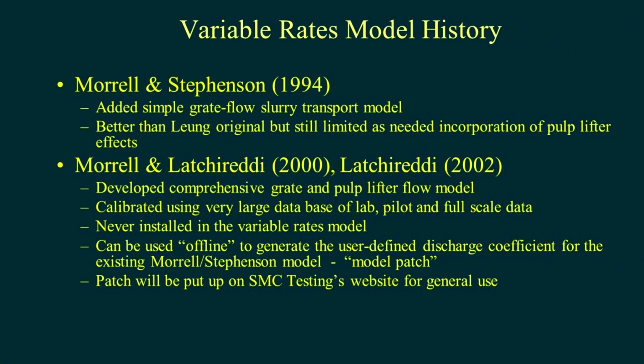Between 1994 and 2000, I worked with Sanjeev Lachareddy. He was my PhD student, and we expanded that model significantly to encompass pulp lifter design, size, and we did a lot of pilot work and a lot of full-scale work to improve that model.